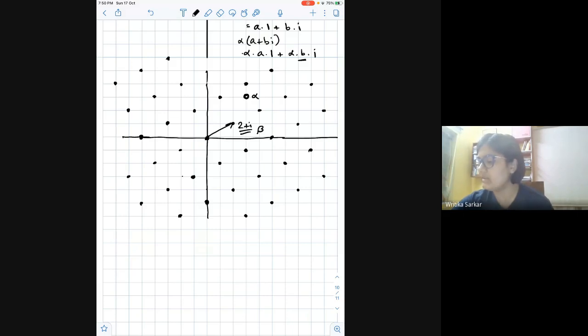Then you can actually choose any of these points, and the difference between these points and alpha will definitely have norm less than the norm of 2 plus i, but this guy here is actually going to have norm less than the norm of 2 plus i divided by 2, right? Simple Pythagorean theorem.